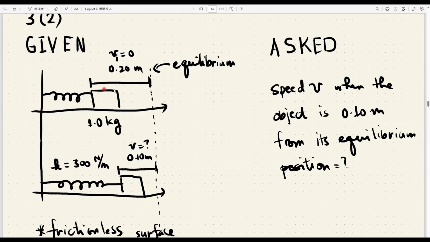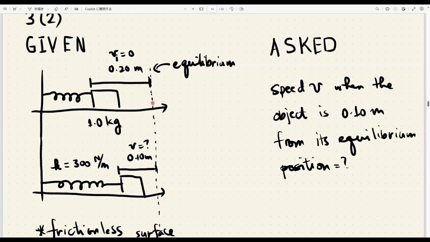There is a spring attached to some object, and the object is 1 kilogram in mass. The spring has no mass. Now, initially, this spring is compressed 0.20 meters from its equilibrium position.